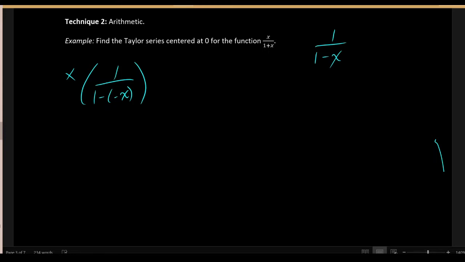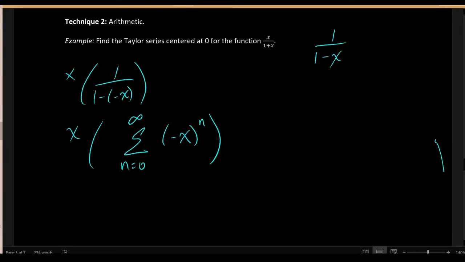Now the quantity in the parenthesis can be written as the sum as n goes from 0 to infinity, not of x to the power n, but now we know that this is equal to negative x to the power n, substituting negative x in the x's position. So let's rewrite that ever so slightly.